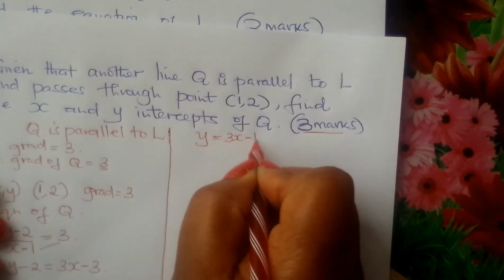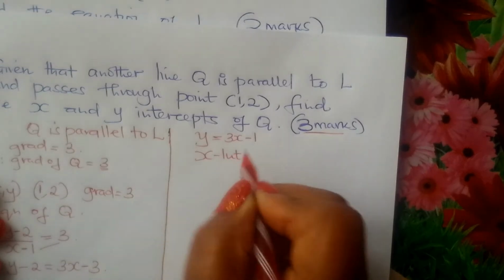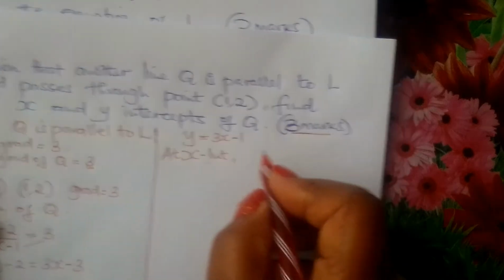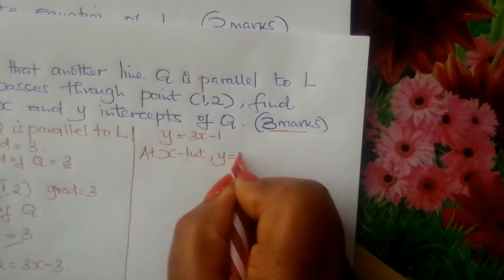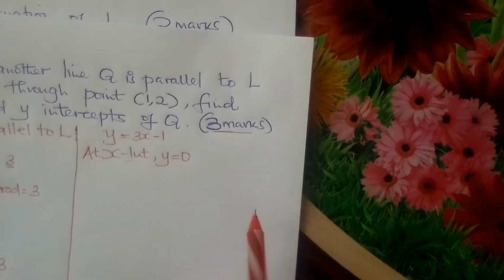I may rewrite it here. So you are told to find the x-intercept. How do you find the x-intercept? At x-intercept, learner, y is 0. What do we mean by this, learner?